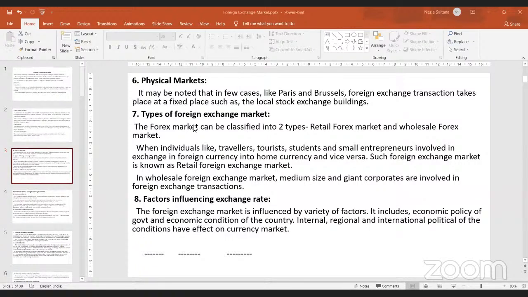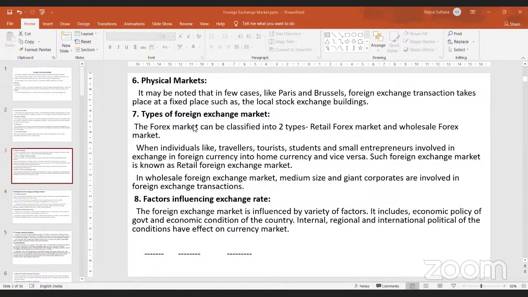Similarly, you also have a wholesale forex market where you talk about large firms and corporate houses which are involved in transactions of foreign currency. You would have multinational and transnational companies who require foreign currency for import export, for repatriation of profits, for payment of salaries to their employees abroad, for procurement of raw material, and for payments to different kinds of stakeholders.